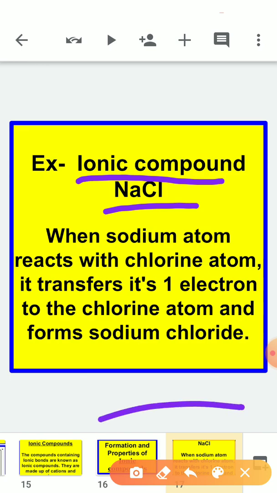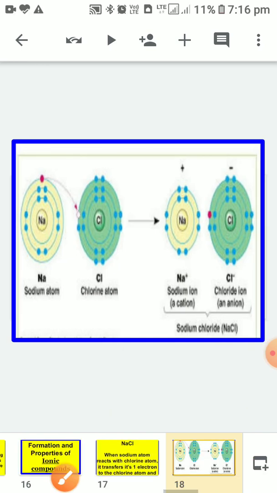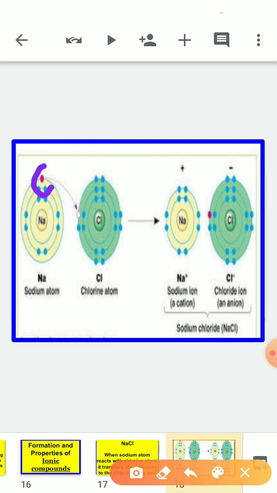It will be easy for you if you are seeing this figure. Sodium is having one electron in its outermost shell. How many electrons? One electron in its outermost shell. And chlorine is having 7 electrons in its outermost shell.